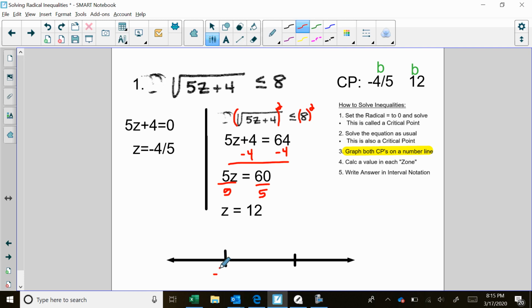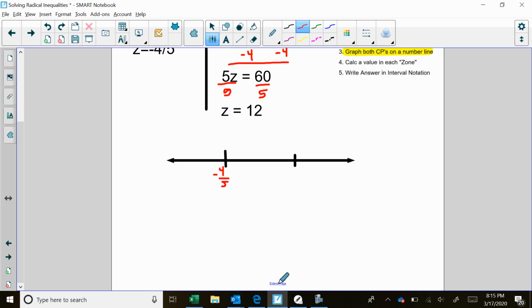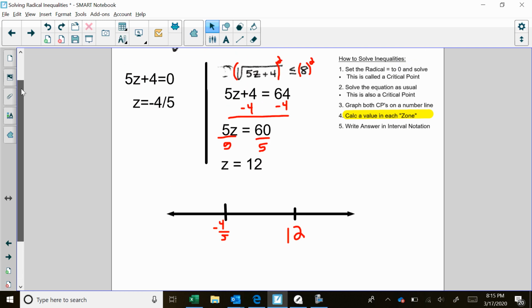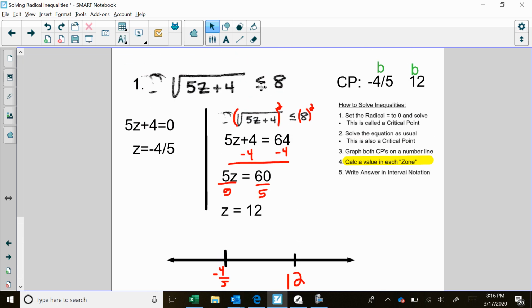This is negative 4/5. I'm going to adjust the screen a little bit. And our second critical point, 12. All right, so we put them on a number line. Okay, now I'm going to give you guys a little heads up. Less than, okay?